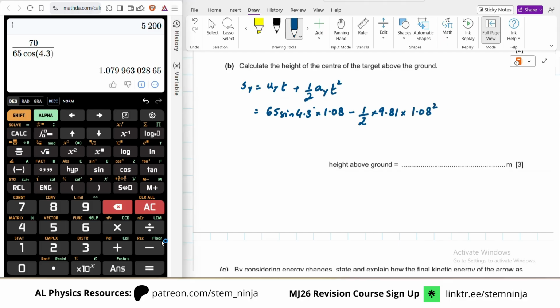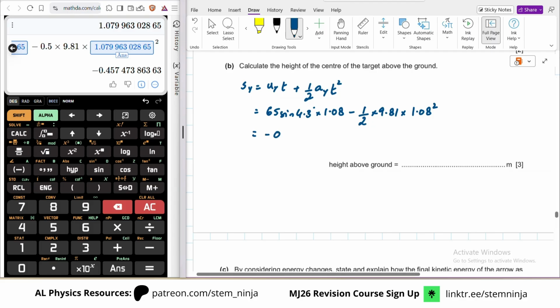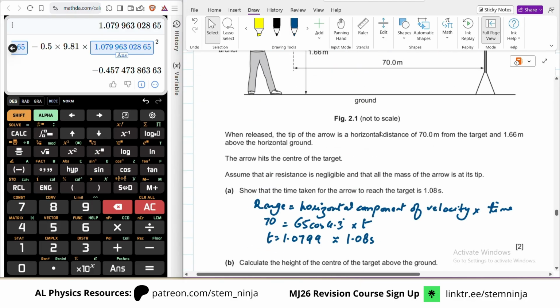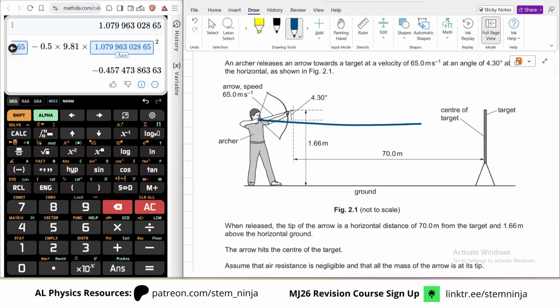I'll just save it as a value in the calculator: 65 sine 4.3 times answer minus 0.5 times 9.81 times answer squared. So the displacement that is coming is minus 0.457474 meters. That means from the original level, it's 0.457 meters below.